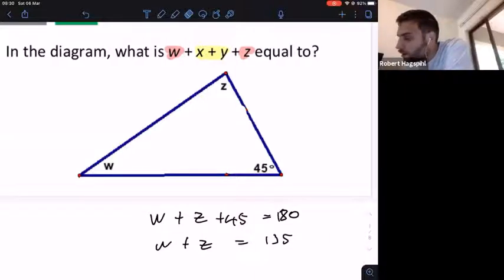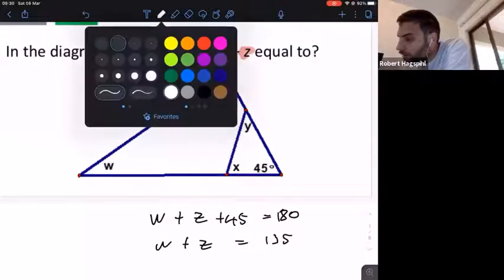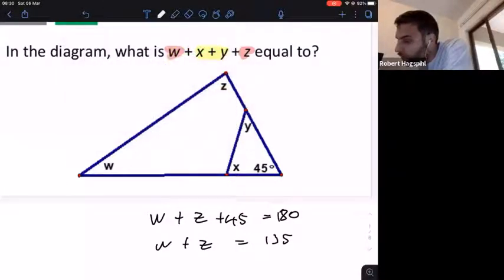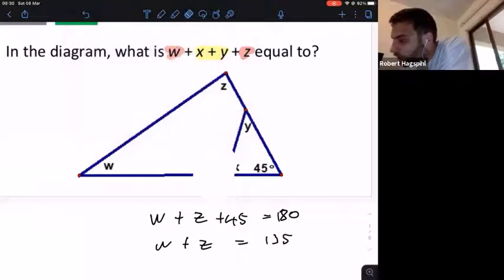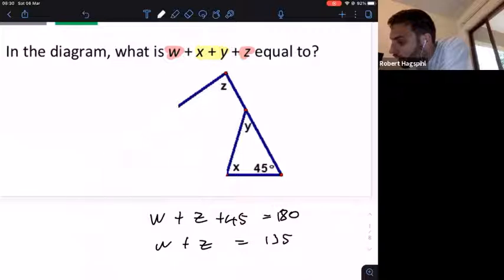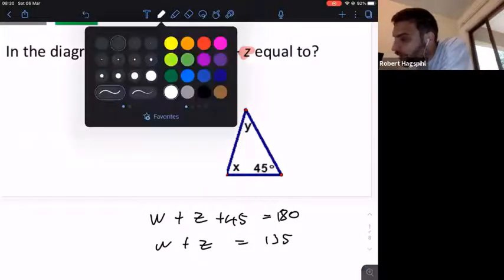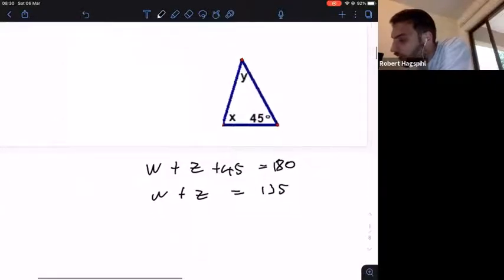All right. So let me put those back in and let me go and take out this. If I take out this, all right. Does everybody see that I can do exactly the same thing here now, and I can say x plus y plus 45 is equal to 180.